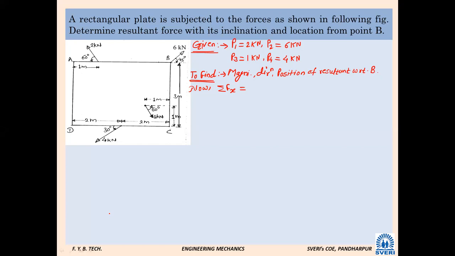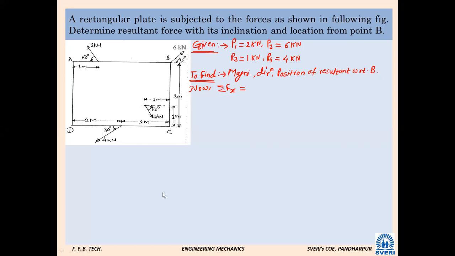Sir, resultant 3.15. 3.15, yes, sir. 3.11, according to me. You check, there may be a little variation. 3.12.